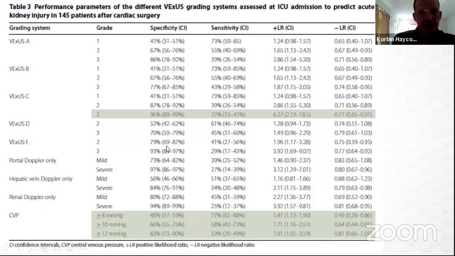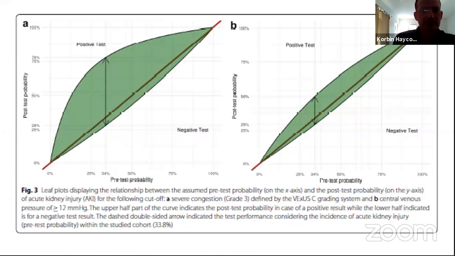The VEXUS score was highly specific for developing kidney injury, with a pretty good likelihood ratio, and outperformed the portal, hepatic, or renal Doppler in isolation, and also outperformed right atrial pressure, or CVP, as a measure of venous congestion and kidney injury. Here's a forest plot comparing the highest CVPs versus VEXUS score with grade 3 congestion.